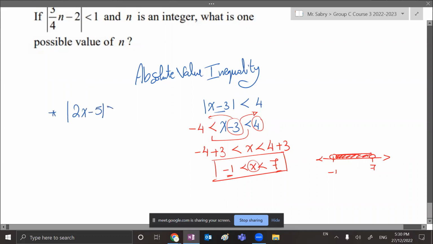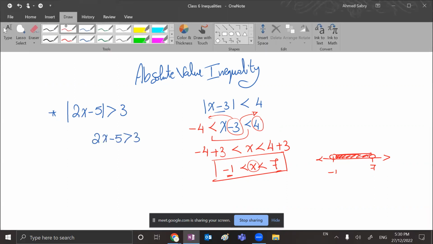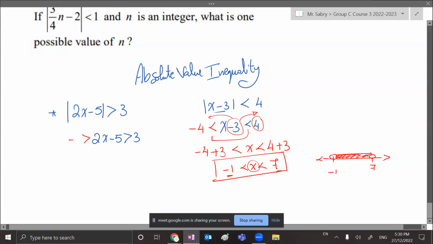Yes, yes. So look at this one, for example. 2x minus 5 bigger than 3. What we're going to do is write everything as it is: 2x minus 5 bigger than 3. But on the other side, we repeat the same sign again, and now -3. We move the -5 to both sides.